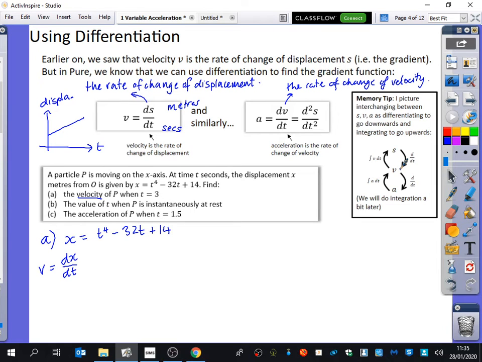And if we were given the velocity, you can differentiate the velocity to get the acceleration, because we're always talking about these gradients. So when you differentiate the displacement, you get velocity. So you get 4t cubed minus 32. The velocity is 4t cubed minus 32.